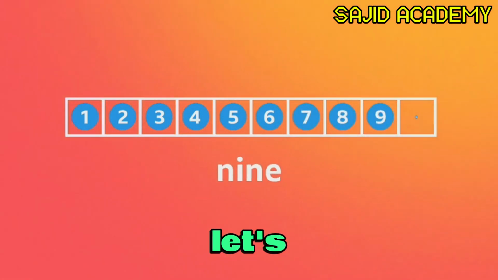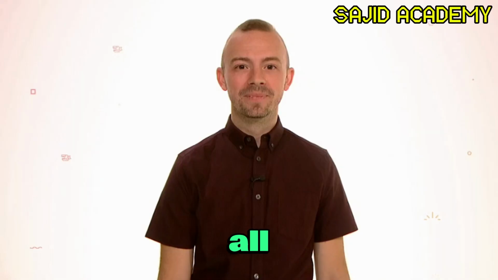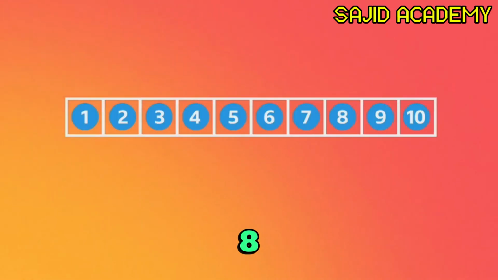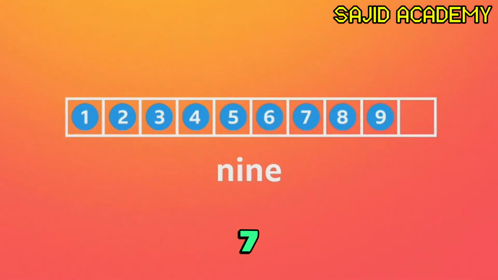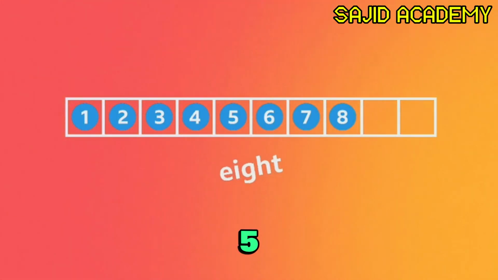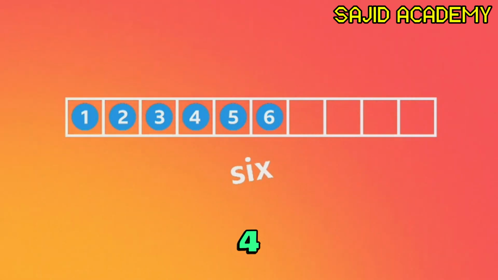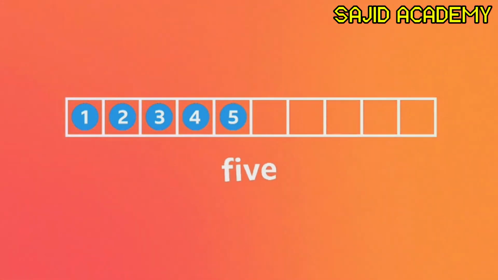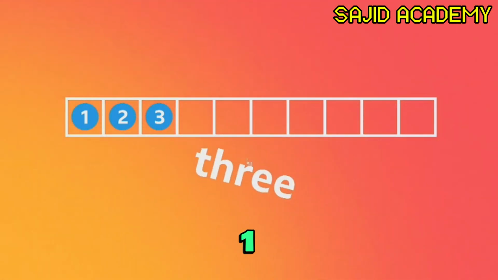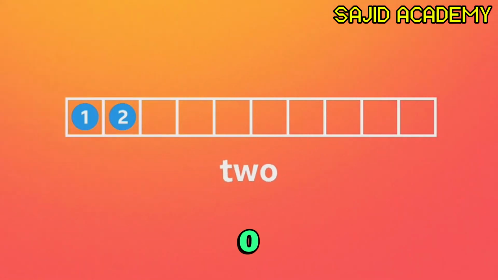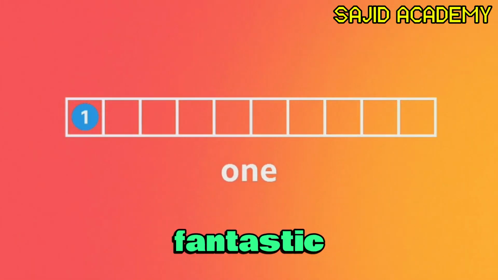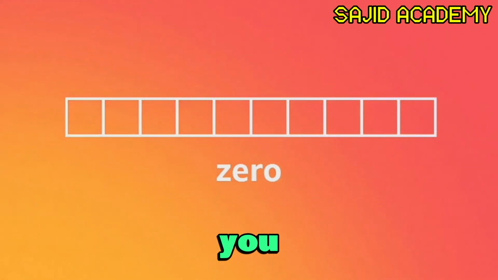And now let's count back from 10 all the way to 0. 10, 9, 8, 7, 6, 5, 4, 3, 2, 1, 0. Fantastic! I knew I could count on you.